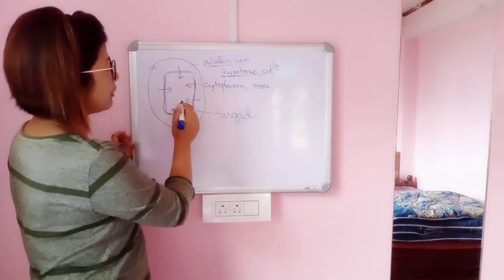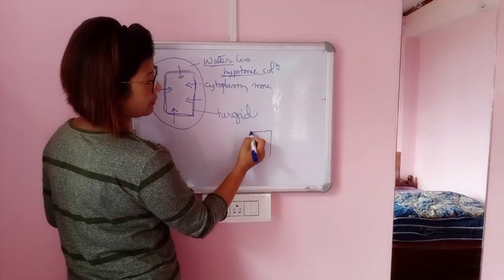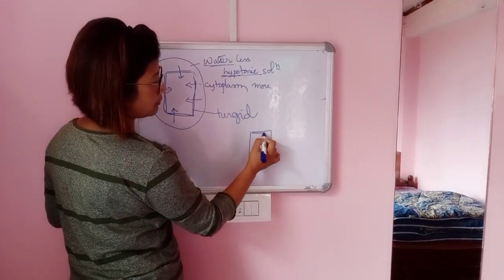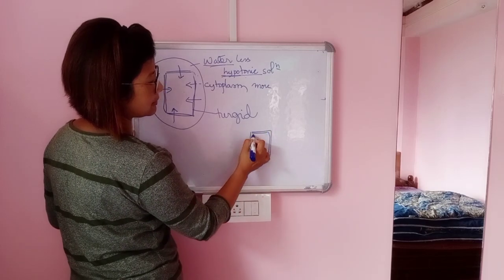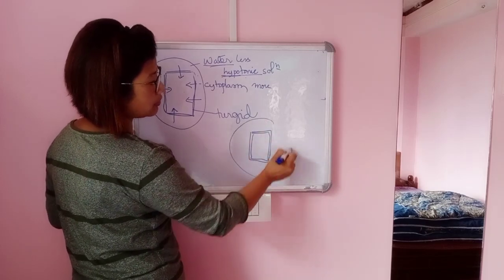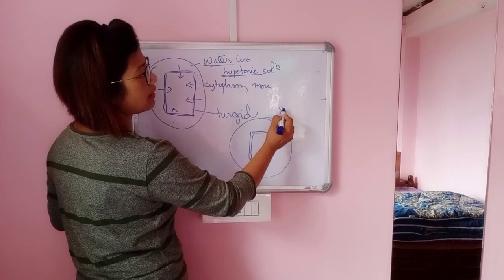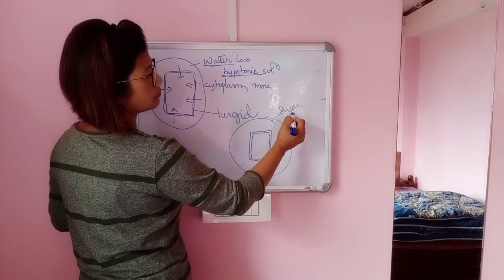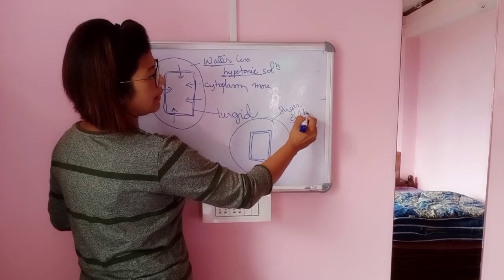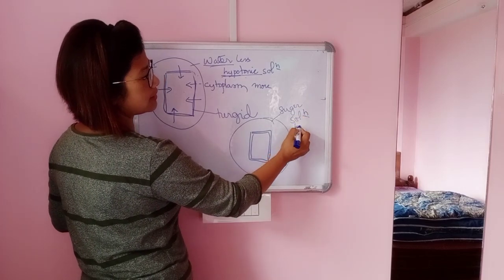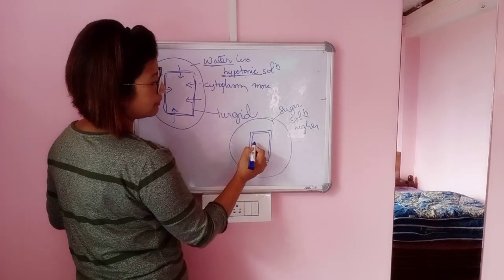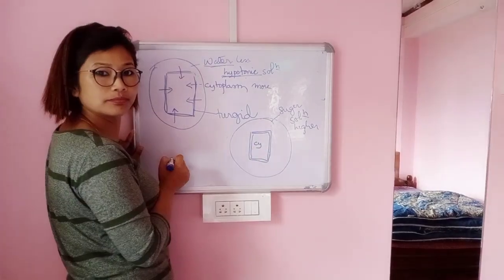Okay, now if you put the cell, let's say this is a plant cell, in a solution, let's say sugar solution, and the concentration of the sugar solution is higher than the cytoplasm.